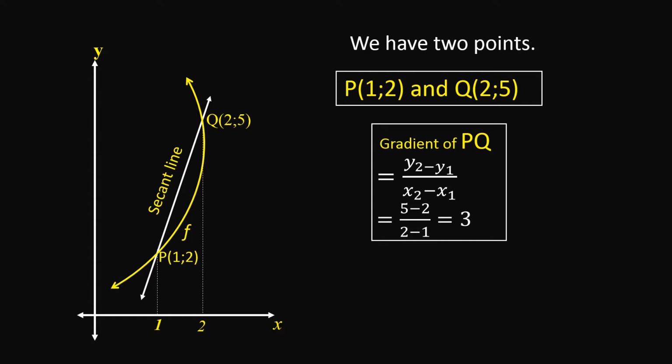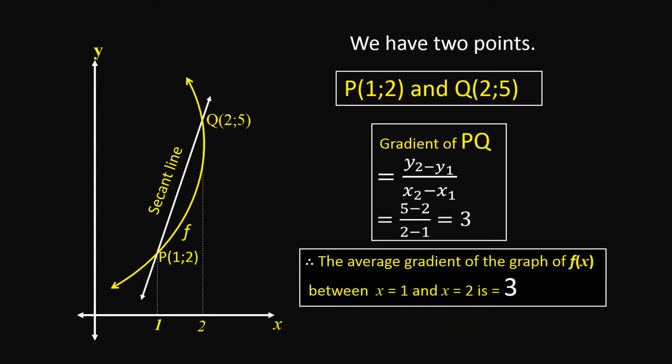Here it is 5 minus 2 over 2 minus 1 gives us 3. So the gradient of PQ is 3. And we say the average gradient of the graph of f(x) between x equal to 1 and x equal to 2 is 3.